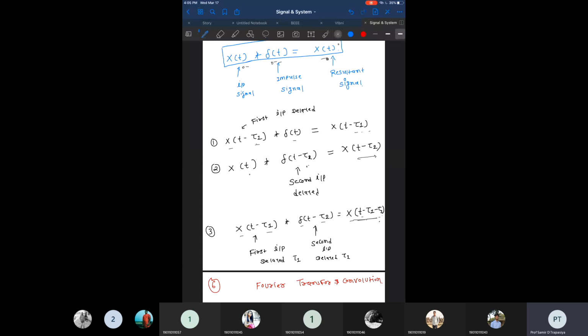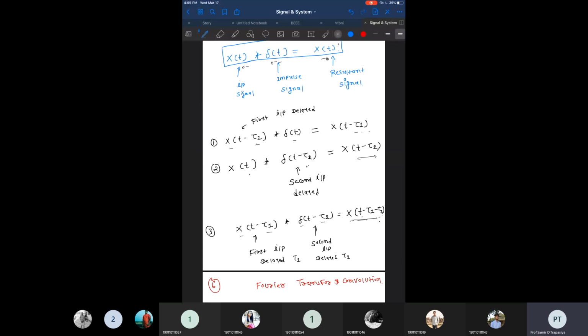So in the time domain, we have applied the convolution between the time domain signals x1 of t and x2 of t, and it is a multiplication of the Fourier transform of x1 of t and the Fourier transform of x2 of t, that is, the multiplication between x1 of f and x2 of f. This is a very interesting property, and we will explore it in full detail to get the idea of how this property can be applied.